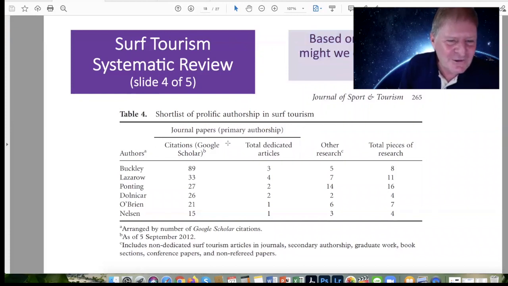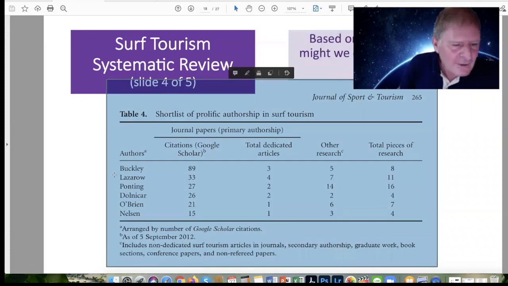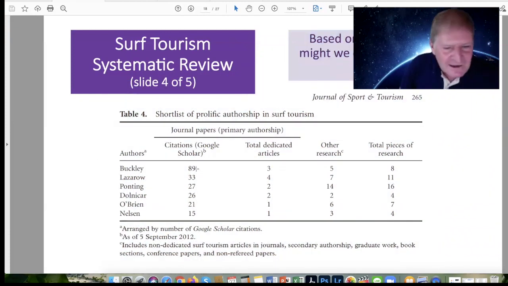Who's the top dog in this field? When we look here, we quickly see Buckley. What I've done is go back to what we saw earlier, bibliometrics. We start counting citations and other criteria to look at the impact of the research. So we can see that Buckley had 89 citations on Google Scholar with all his work together.